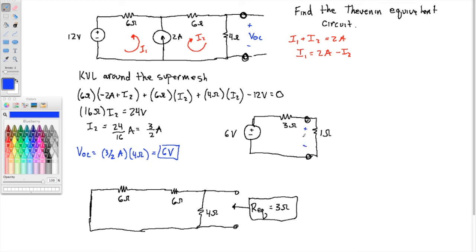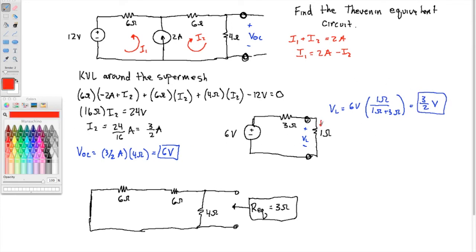Maybe we want to know what is the load voltage. Well, I can get that quickly using voltage division. 6 volts times 1 ohm over 1 ohm plus 3 ohms. So that's 6 over 4. So 3 halves volts. Okay, and maybe I'm interested in the load current.